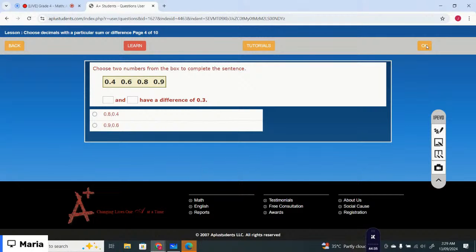So, which two numbers when subtracted make the difference 0.3, which is the correct option?